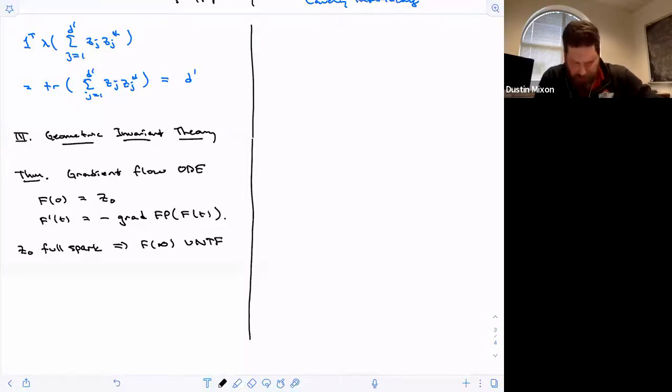So the proof idea for this gradient flow result is that it's asking for some sort of property, like an invariant. So we're looking for a property that is satisfied by full spark frames.